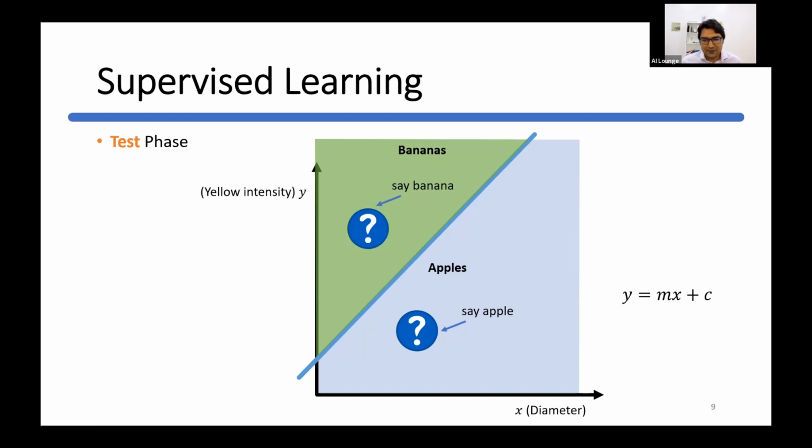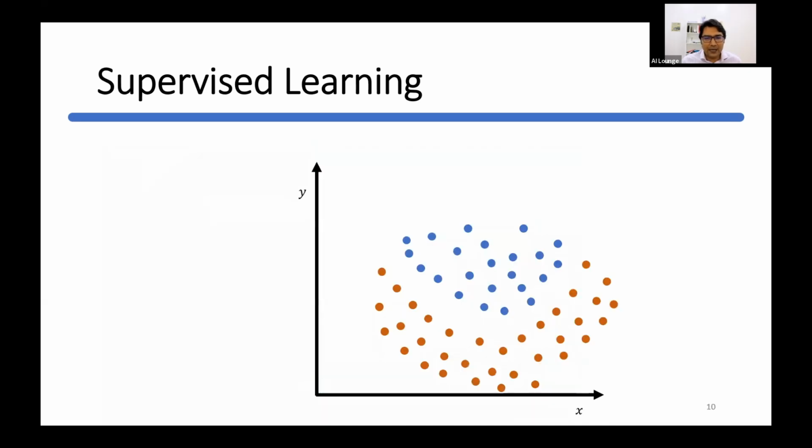Now, in the test phase, you would make multiple predictions for multiple unseen data samples, and then evaluate how many of these predictions were correct and how many were incorrect. Now, if your predictions are accurate, you can go ahead and deploy your system into the real world.